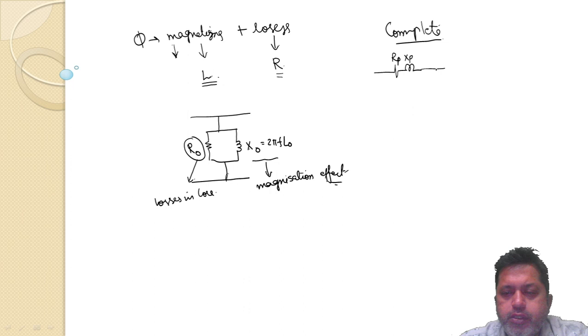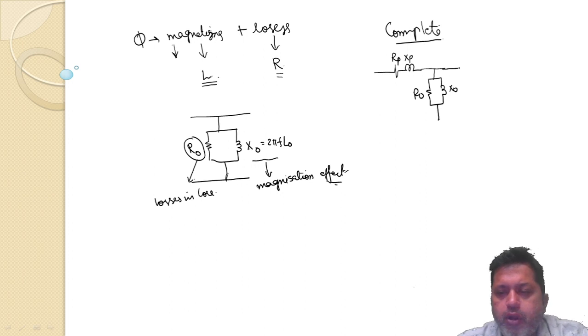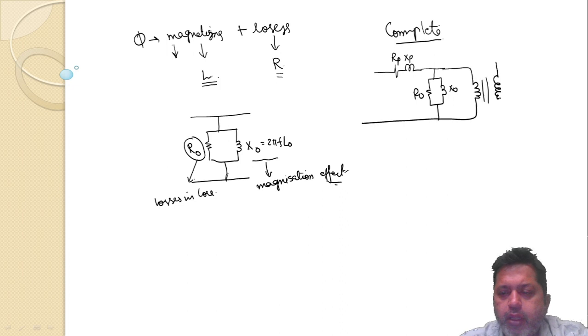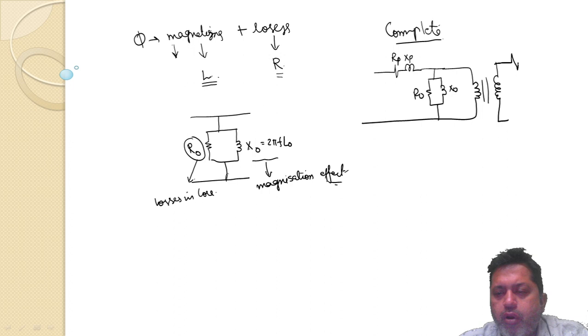Then we have the core. The core is modeled by R0 and X0. Then we have the primary winding itself, not modeling, just drawing the diagram. The core is represented by a parallel line. Another representation is the secondary winding. Then we have a component. Then we have a load.